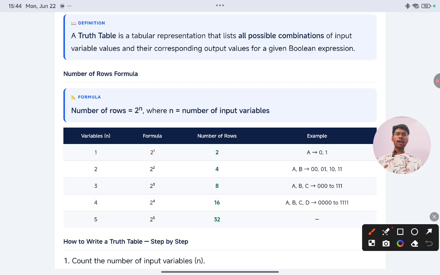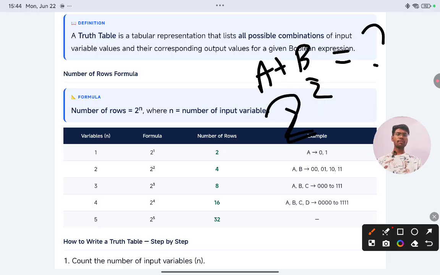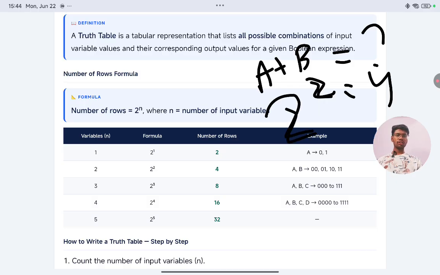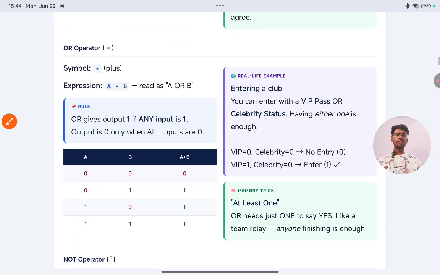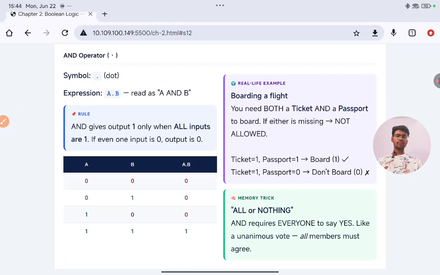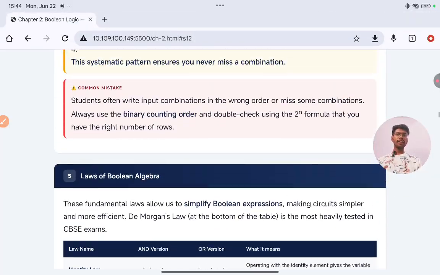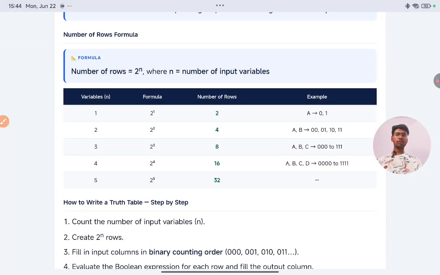But in your AND and OR gate examples, we saw there are minimum two inputs, and we can also take three. Like A is there and B is there to perform something at the end, right? So 2 squared gives a total of 4 rows: 1, 2, 3, 4. Like that it can also be 3.